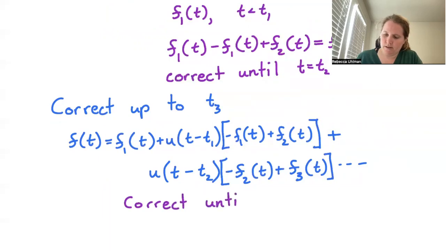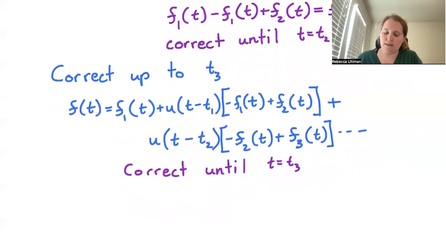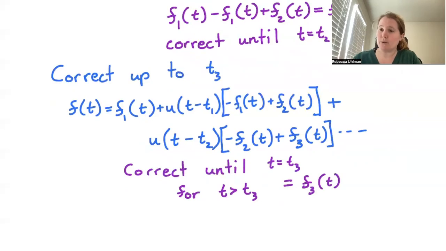until t equals t3. And then for t larger than t3, it equals f3 of t. And so we have just this continual correct, correct, correct.